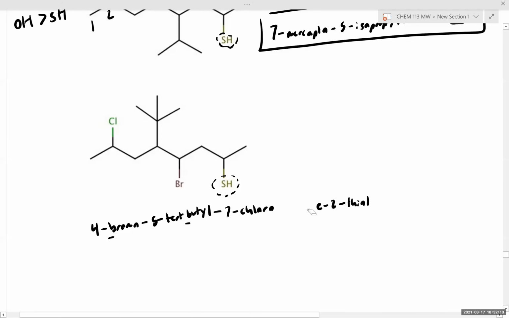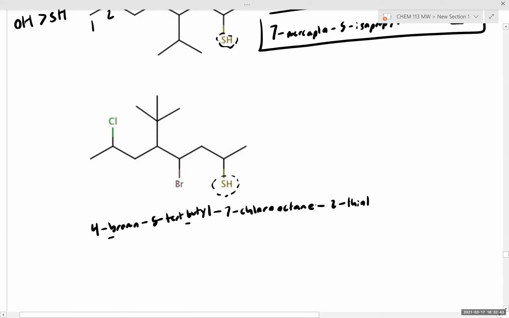Remember, thiol is part of a suffix. It's not a substituent. Does that make sense to everyone? Just like the ol suffix is related to an alcohol, the thiol suffix is related to a thiol.